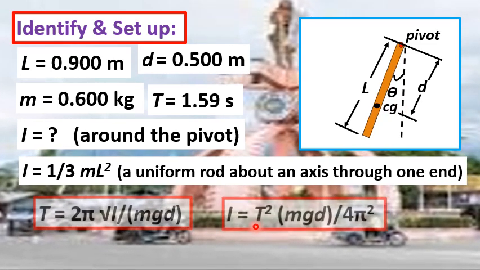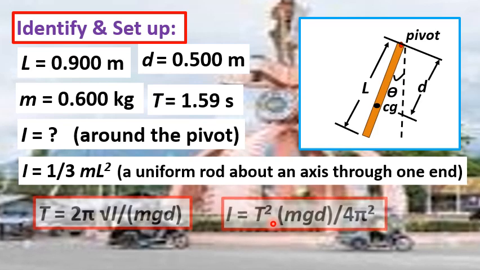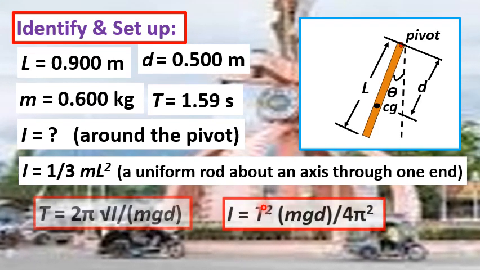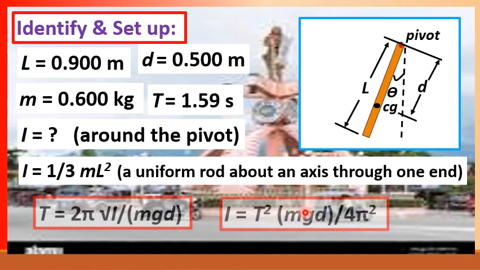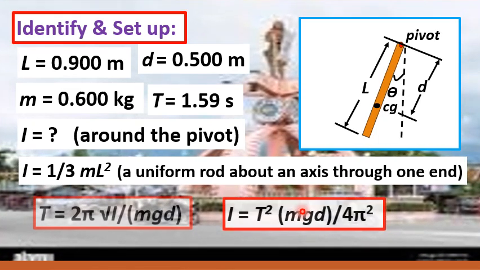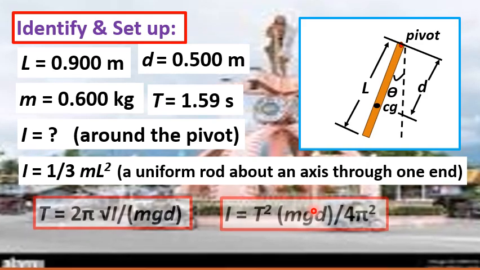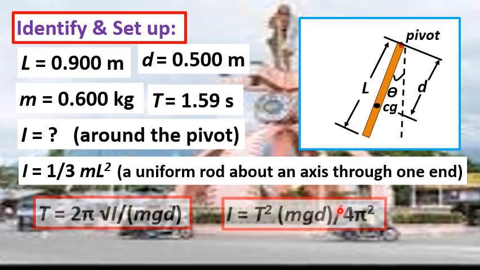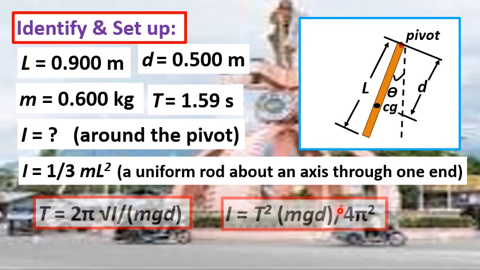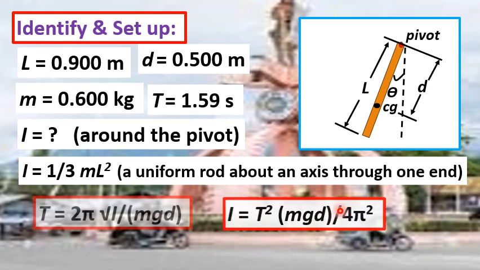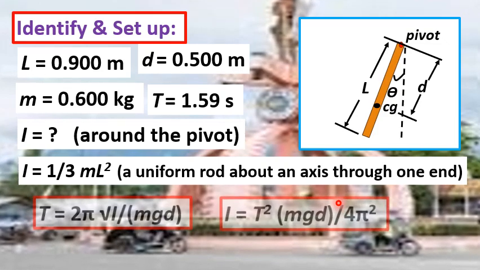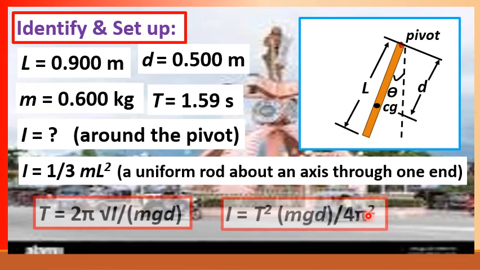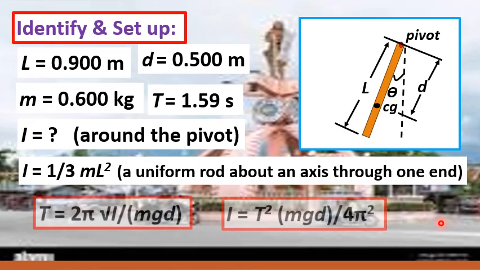And that is equal to the product of the square of the time period, capital T squared, multiplied by the mass of the rod times acceleration due to gravity times the distance d, or how far the center of gravity is from the axis of rotation. That's small letter d. And then to be divided by the square of 2 pi, or 4 pi squared.